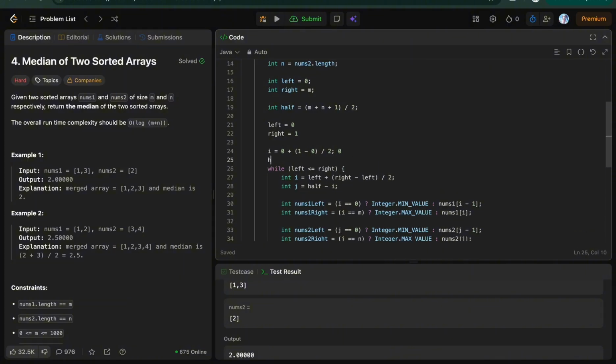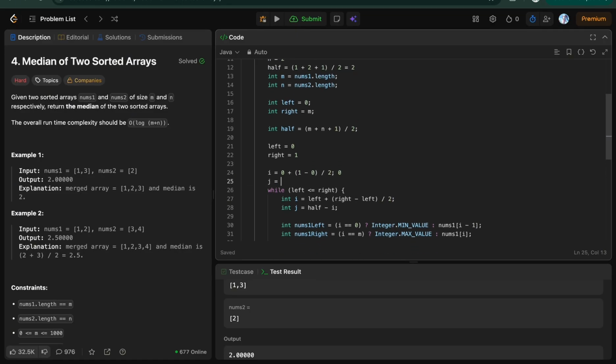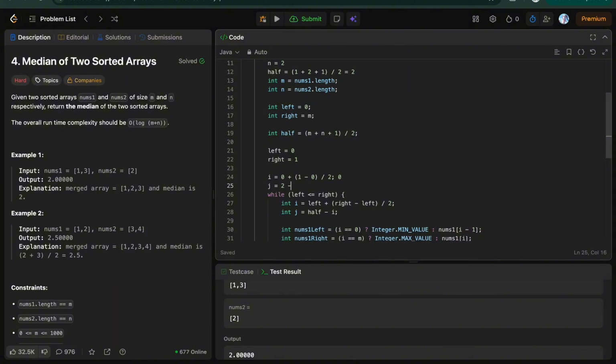Then j will be the half, 2, minus 0, and that's going to give us 2. So j is 2 and i is 0.